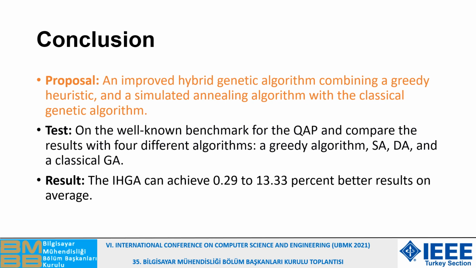We test our algorithm on a well-known benchmark for the quadratic assignment problem, and compare the results with 4 different algorithms: a greedy algorithm, simulated annealing algorithm, demon algorithm, and a classical genetic algorithm. The results of the experiments validate that our hybridization significantly improves the performance of the algorithms, compared to their standalone executions.